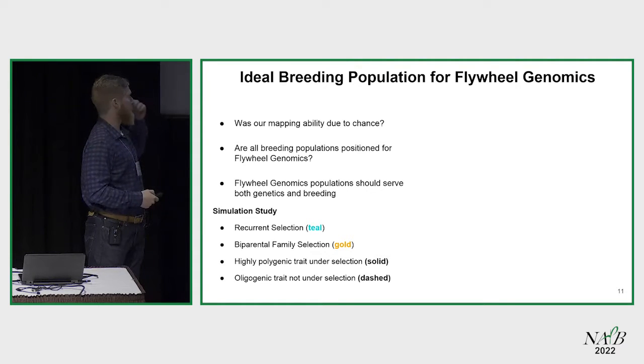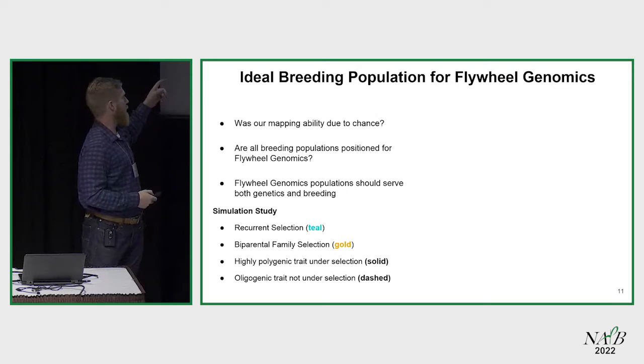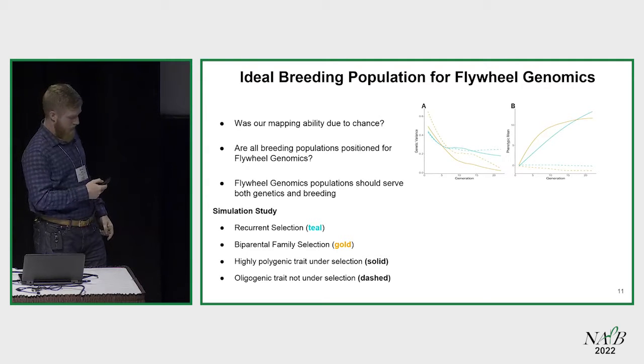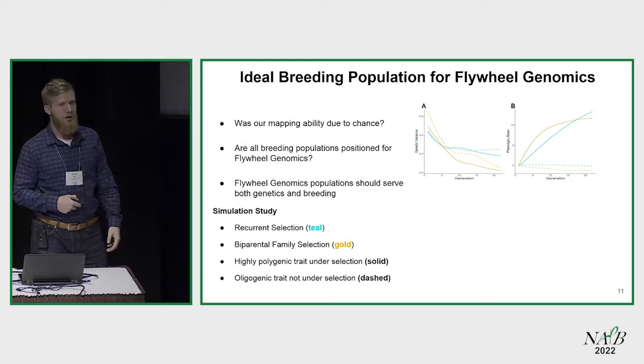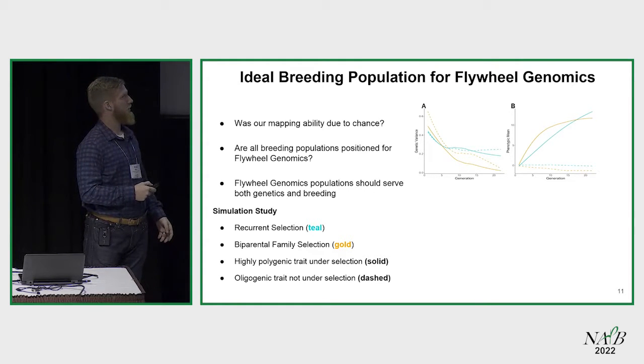So we did some simulation studies, just comparing two different breeding schemes, biparental family selection and recurrent selection. I simulated two traits, one where we have a trait under selection and one with a trait that isn't under selection. And first, what we see is that the recurrent selection is maintaining genetic diversity, as well as still keeping genetic gain.